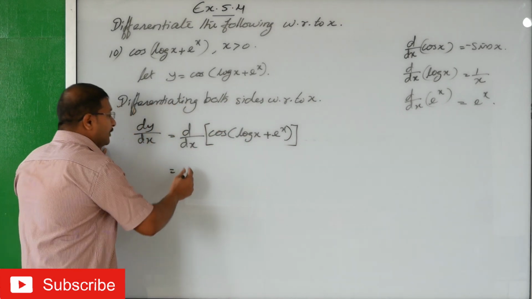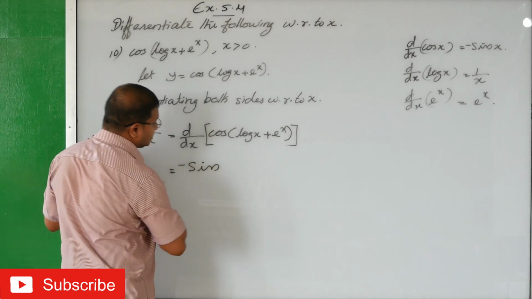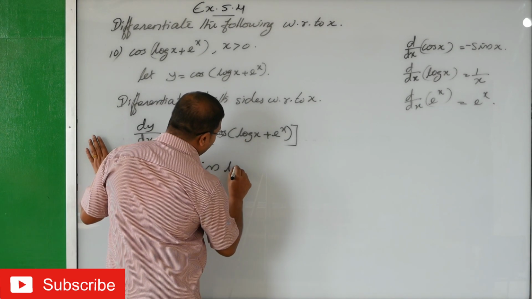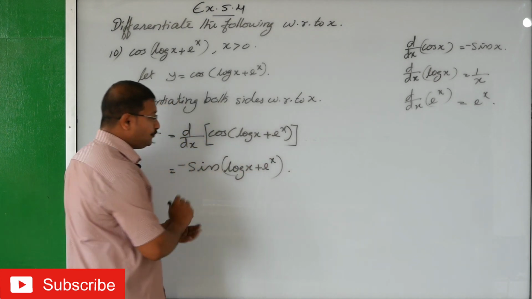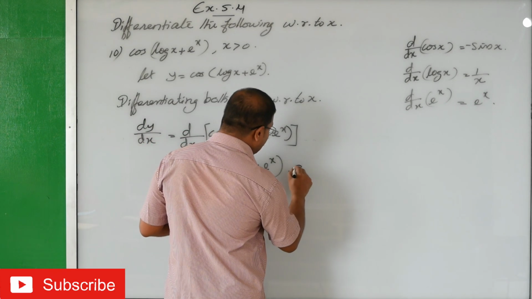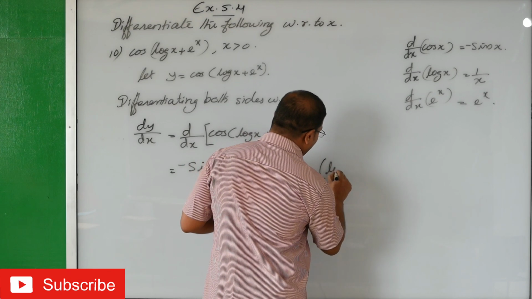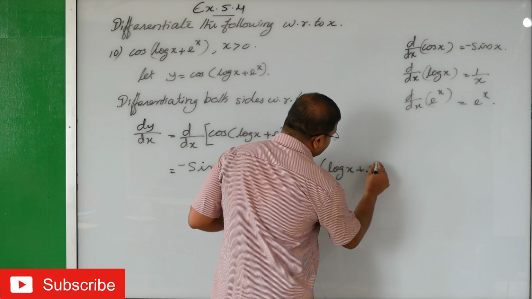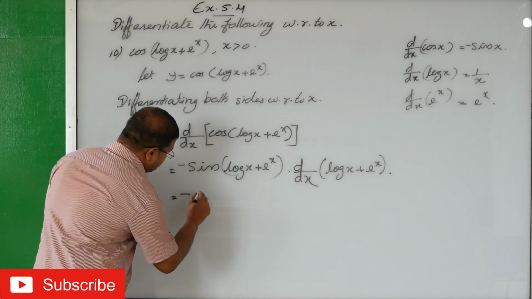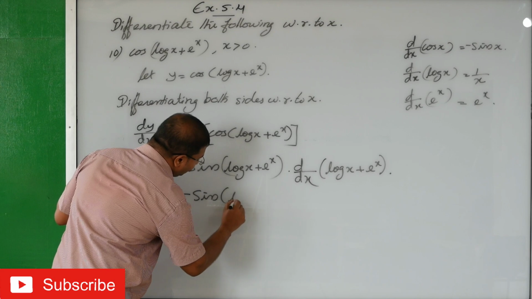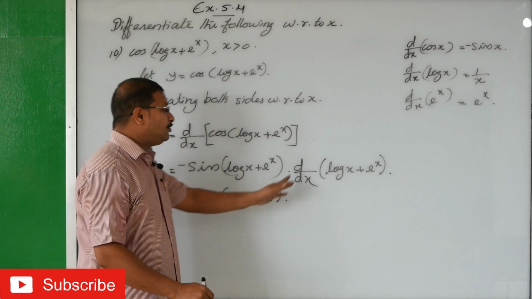Ready? Now we'll write derivative of cos x, that is minus sin x. Sin x means what you'll write here? Log x plus e raised to x. The entire term will write inside. After that, into derivative of the bracket inside one, that is log x plus e raised to x. Ready? This equals minus sine of log x plus e raised to x into derivative of log x.